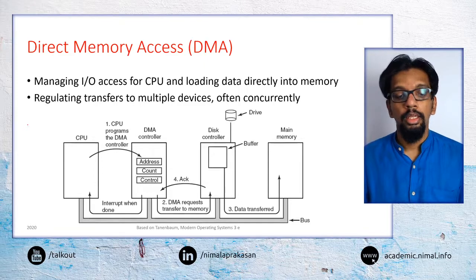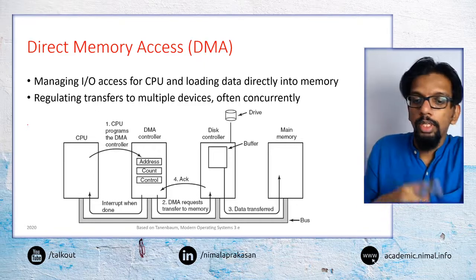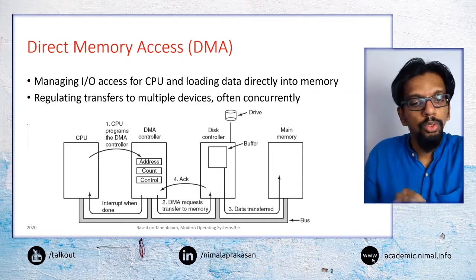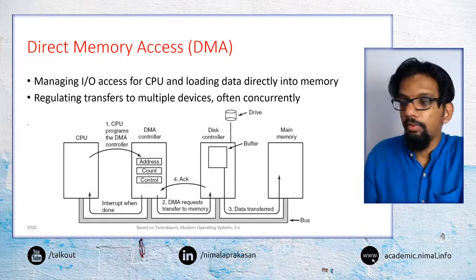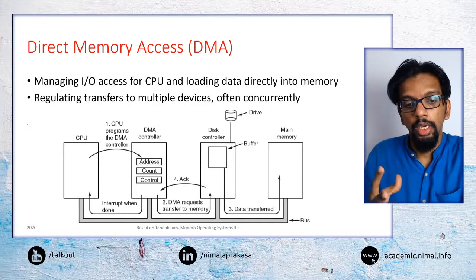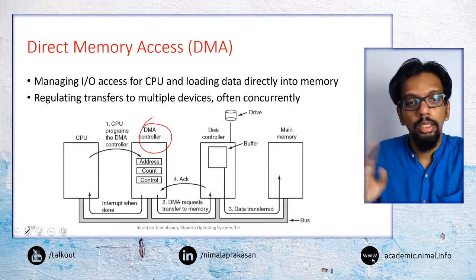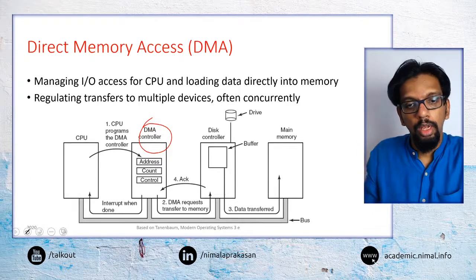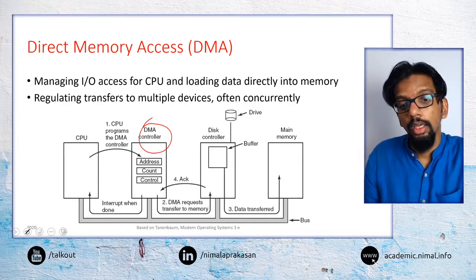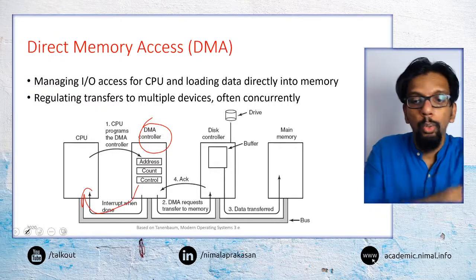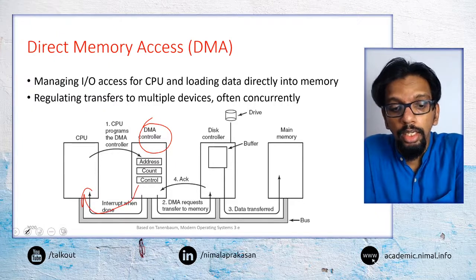One is when a CPU needs to access a particular device, the CPU can give the control of communicating with that device to the DMA controller, and then the DMA controller will do all the necessary access management or communication with the device, and only interrupt the CPU when something is needed.